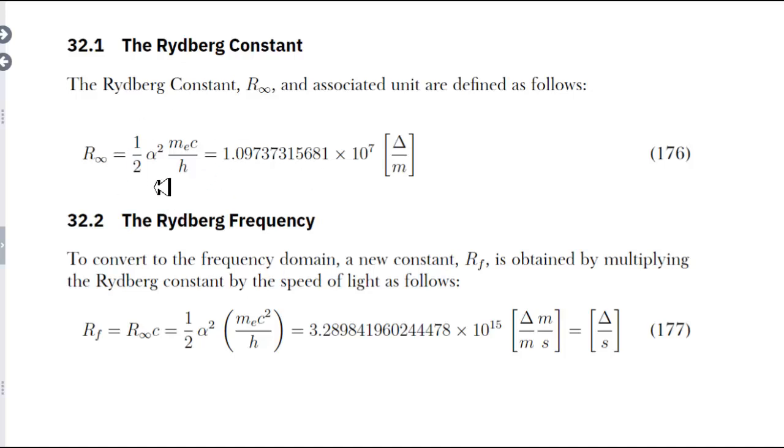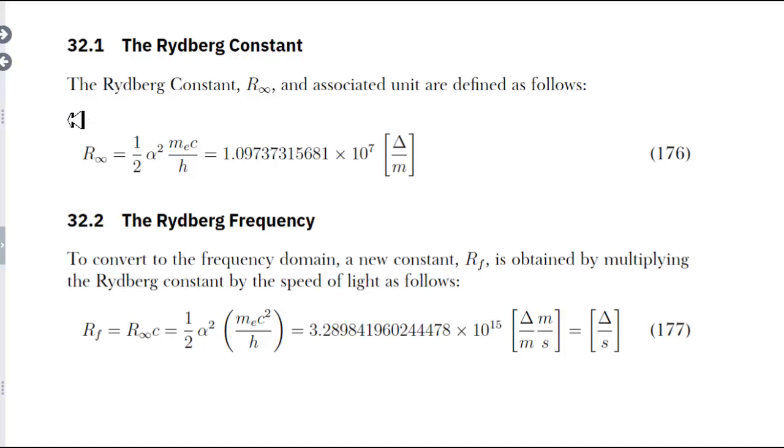So here is a formula. I think Rydberg himself came up with this value through experimentation, and I think it was Niels Bohr who connected his work and came up with this formula to get a more accurate value based on some of the constants of nature.